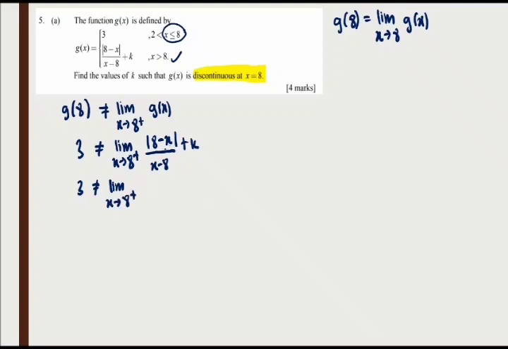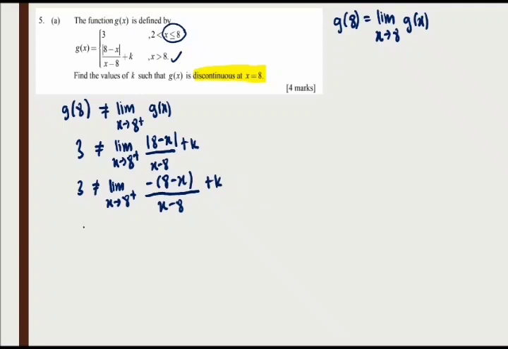Since it is from the right, we can change the absolute value to negative. If you put 8 minus x over here, we will take the negative value, and then this is divided by x minus 8, and then we have this plus k over here.